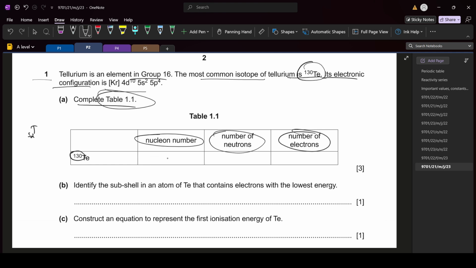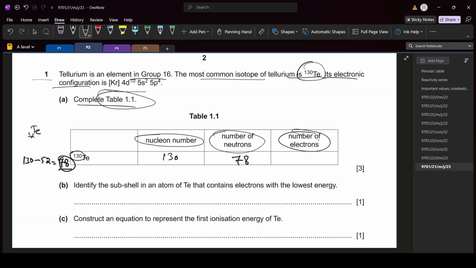It's the sum of protons and neutrons in the nucleus. Now you have 52 protons in tellurium. So if you subtract 130 minus 52, you will get the number of neutrons. This is 78. You have 78 neutrons in this tellurium.